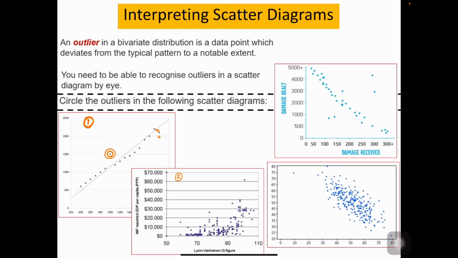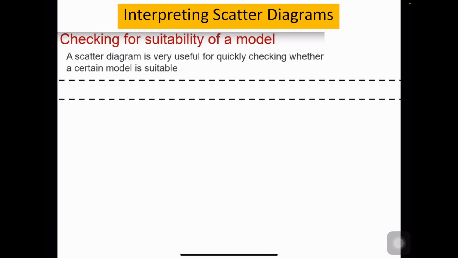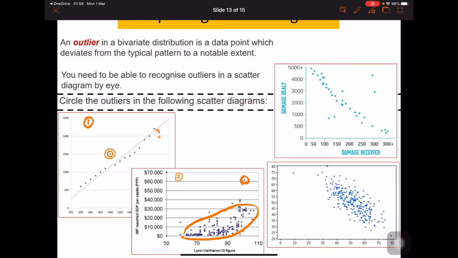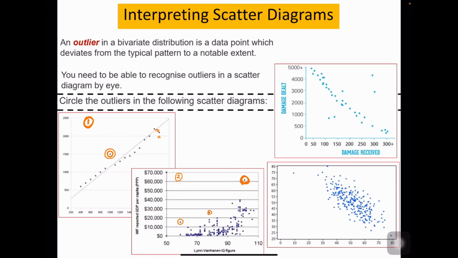Let's come on to the second one here. We can see a lot of data around this part of the graph. We have one obvious outlier. I'd also say that these points are also outliers.